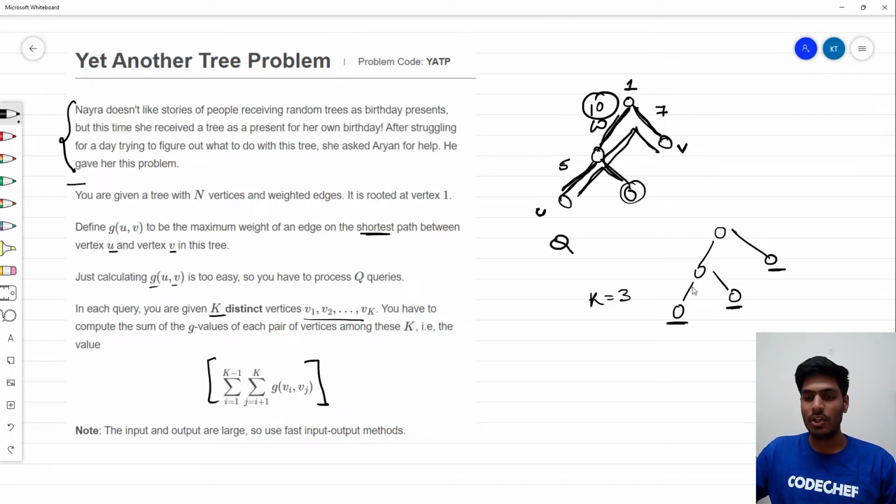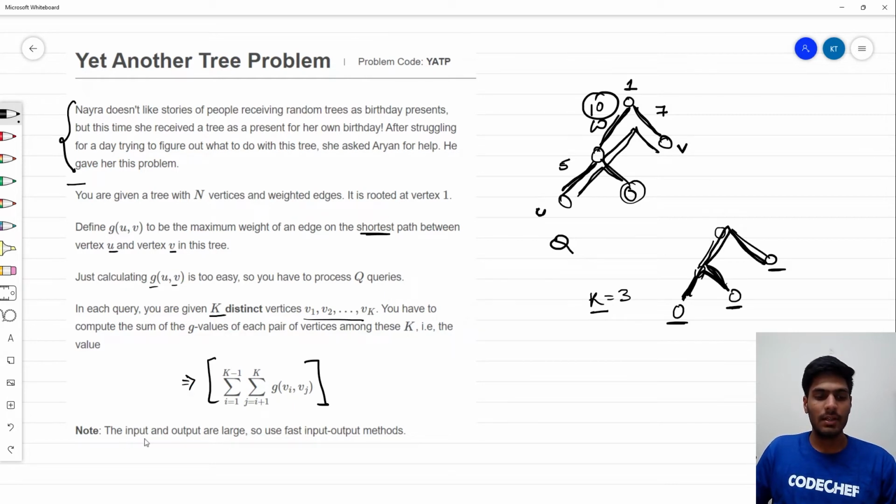So we have to output the sum of g(u, v) of all pairs. One pair is this, so this one path, then the other pair is this one path, then the other pair is this one path. So we are given k vertices and we have to find the sum of g(u, v) for all pairs. And it is mathematically denoted as shown here.